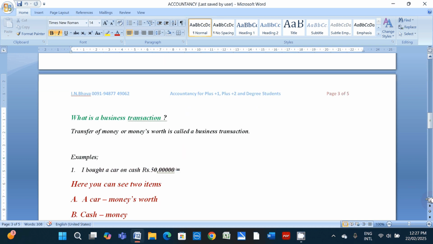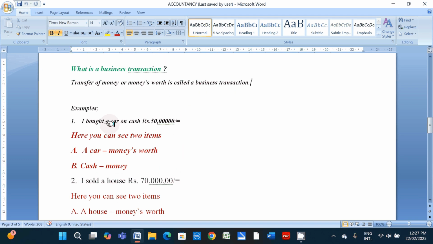For example, I bought a car on cash rupees 50 lakhs. In this case, the car is the money's worth. Cash, that is money. Here two things are transferred. Money is also transferred, and money's worth is also transferred.